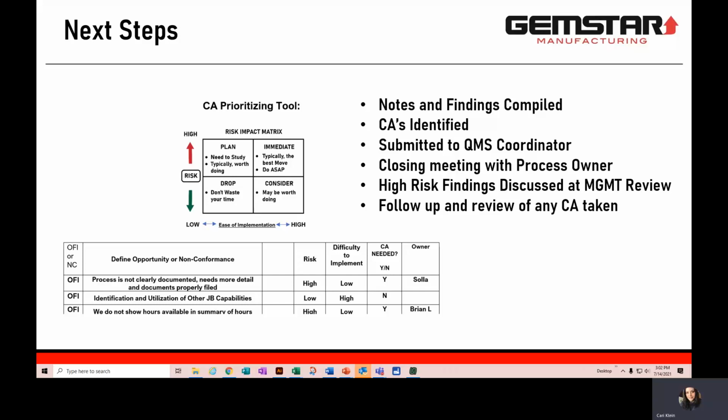Any high risk findings that this process audit revealed are then compiled and discussed at the next management review, if they're really, really high risk. And then the follow-up and review of any corrective actions that came out of these process audits is also scheduled and conducted as needed. So again, that's really closing the loop. That's going back and saying, okay, the corrective actions taken, were they effective?